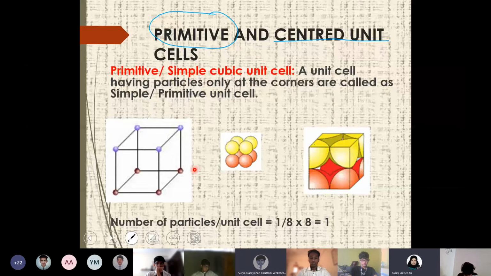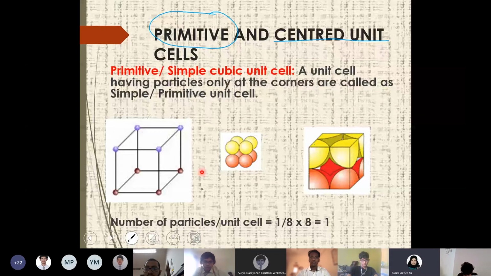How many faces are there for the cube? 6. 6 faces. How many edges? 8. Ma'am, 8. I'm 12, right? 12 edges. Yes. Count and see how many edges there are. 12.